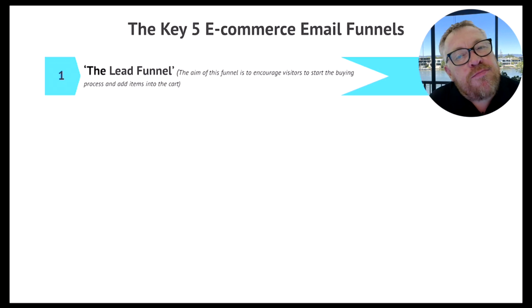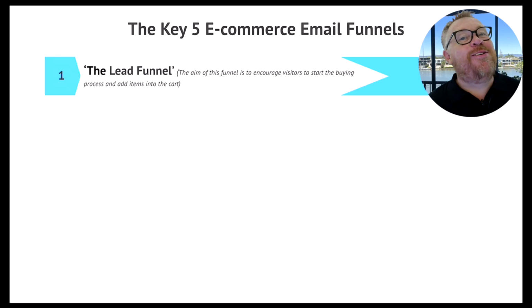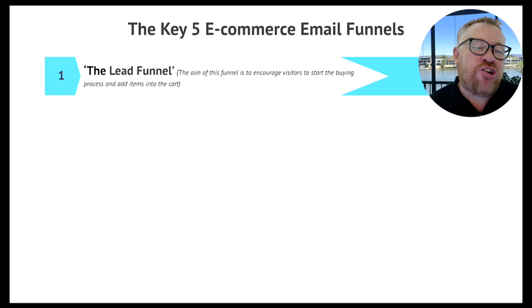But that also means there are 89 people who you've paid to come to the site, who've walked in the doors of your e-com store, that haven't done anything. They've just walked off again. So we want to try and get some of them into some sort of funnel. And a good way of doing that is offering content that they can get in exchange for their email address, which ideally will help them with their purchasing decision.